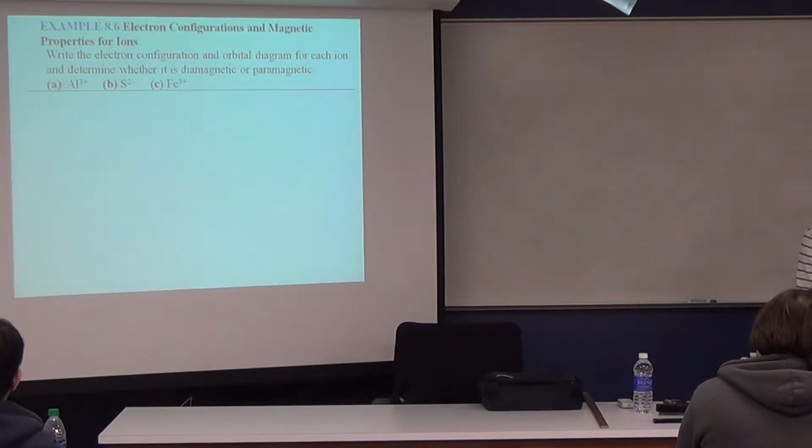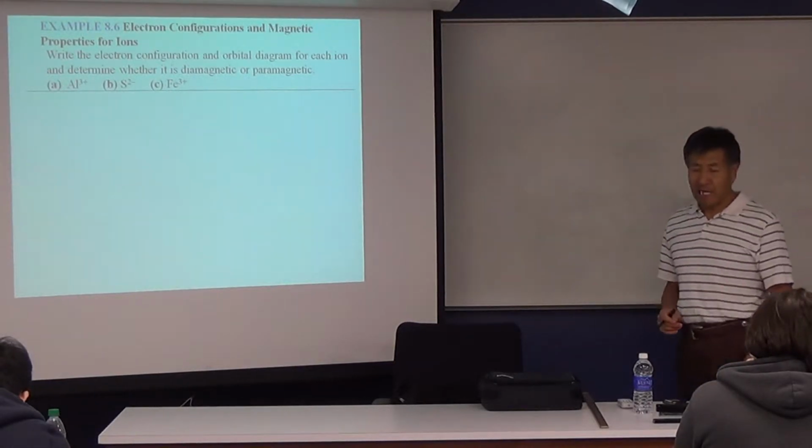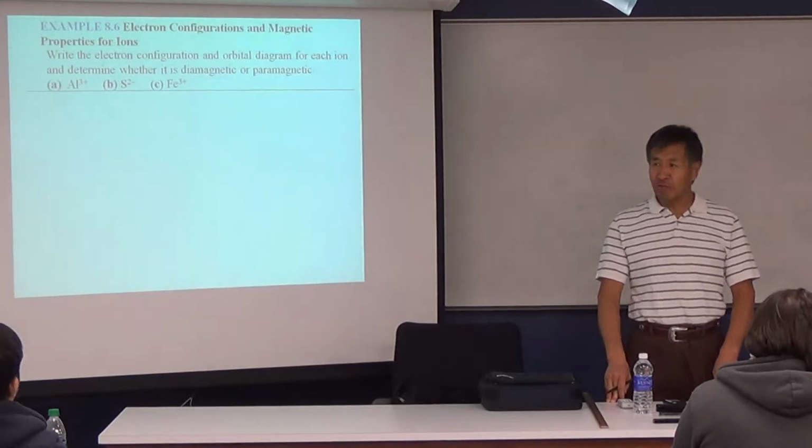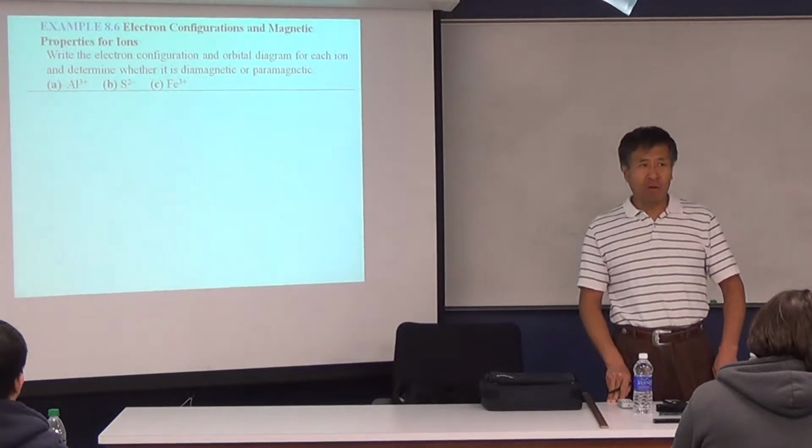Now we have both the anion and the cation, so we will see a better summary. Once you have the electron configuration, you can figure out whether all the electrons are paired up.